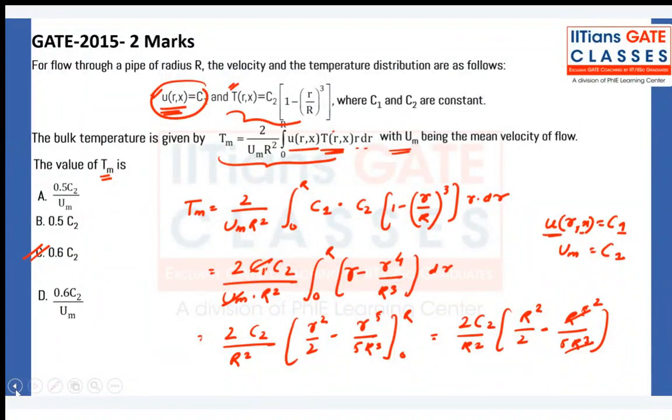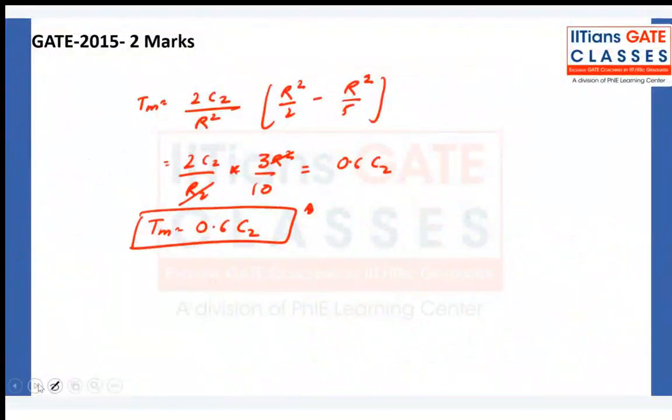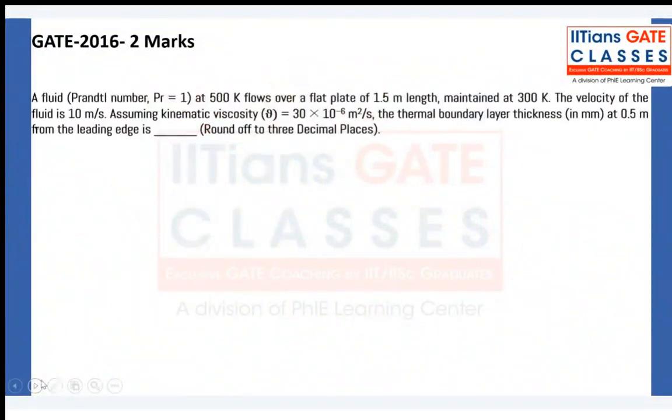Next question. A fluid whose Prandtl number is 1 at 500 Kelvin flows over a plate of 1.5 meter length maintained at 300 Kelvin. So here the flat plate is maintained at 300 Kelvin. So wall is 300. This is T infinity.